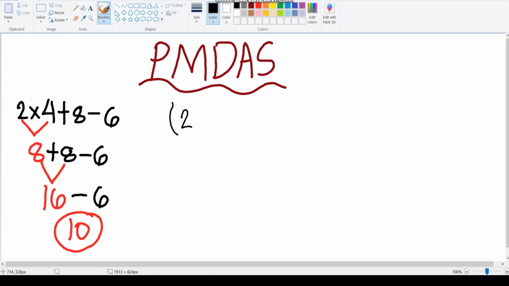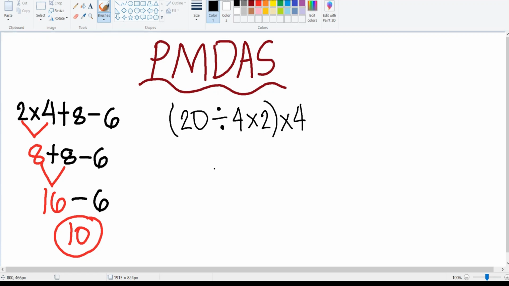Let's have another example. For example, we have here the quantity of 20 divided by 4 times 2, times 4. So, according to PEMDAS, we will start with the parenthesis now, because in our given expression, we have here the parenthesis. Therefore, we will solve first the parenthesis. But inside the parenthesis, we have to still follow the PEMDAS order.